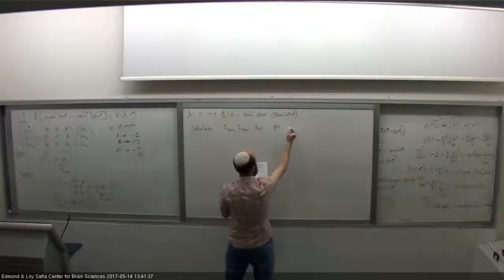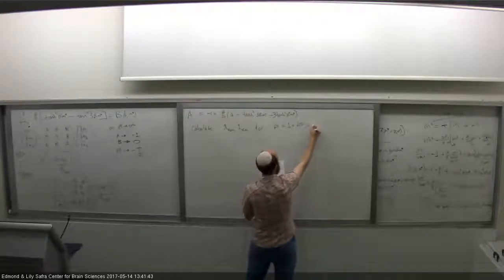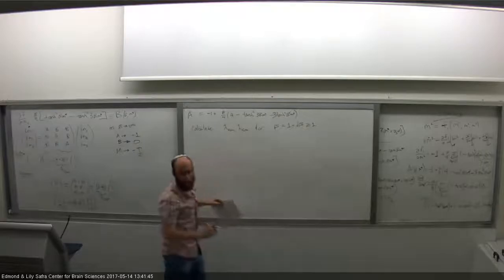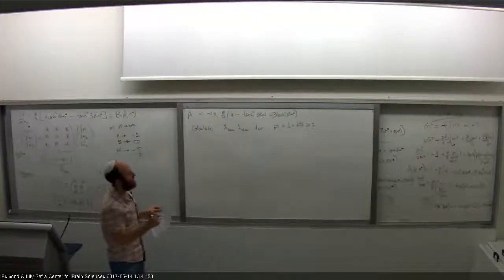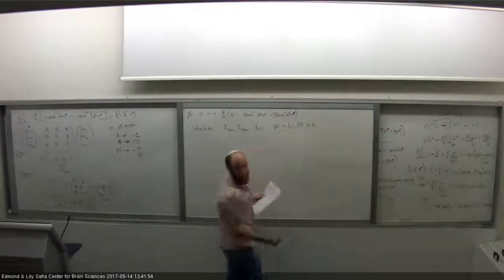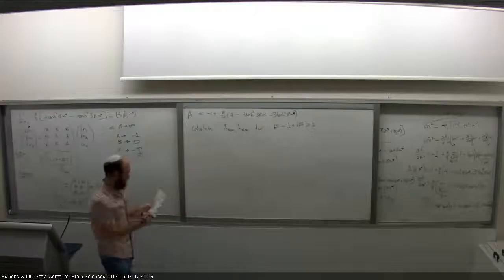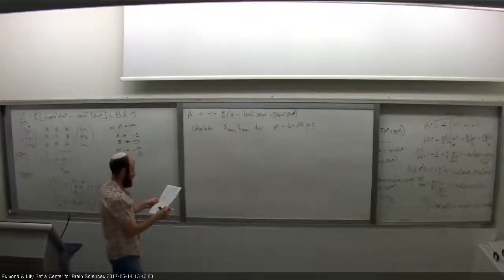Beta equals 1 plus some small perturbation. So that's our critical point in the bifurcation diagram, where we know that the fixed point m is very close to 0.